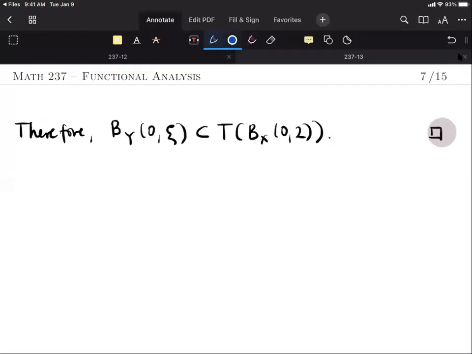So the open mapping theorem implies some of the well-known results in functional analysis. The first one is due to Banach. This is the Banach inverse theorem, or sometimes referred to as the Banach theorem.